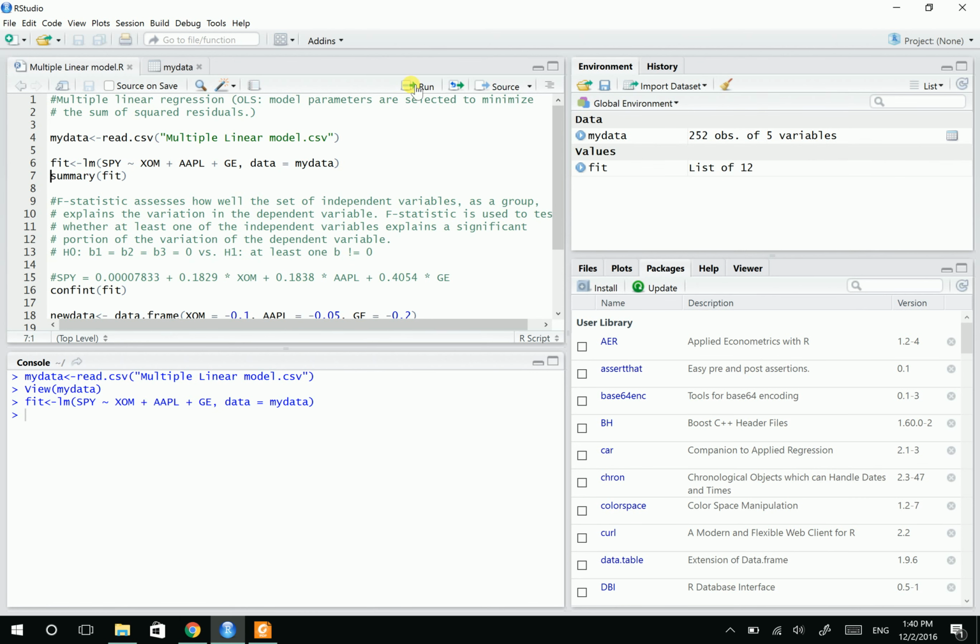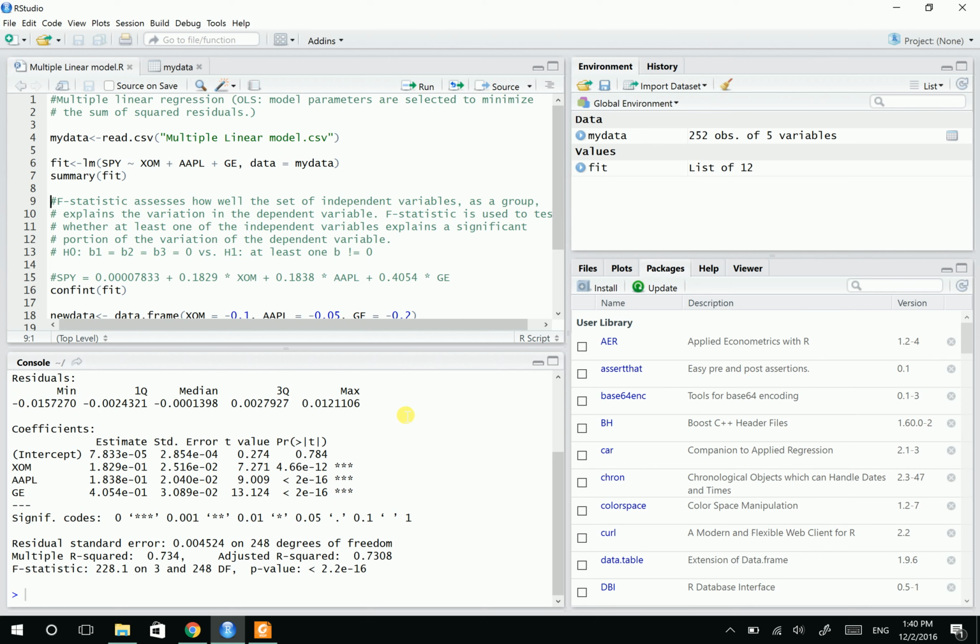Okay, let's go. Here we got this regression and then the summary. There is a lot of information here. First, it's the residuals. OLS is to make the sum of squared residuals as small as possible.